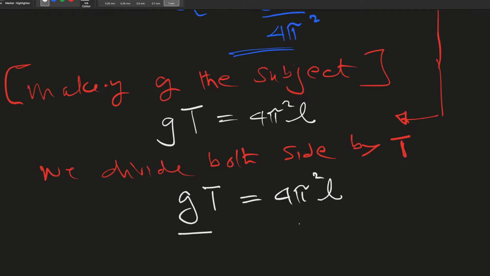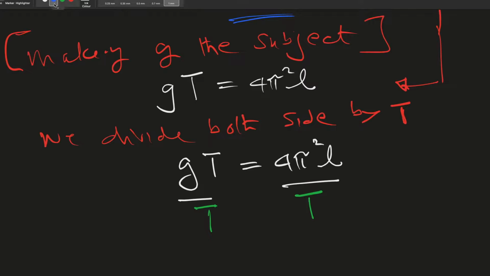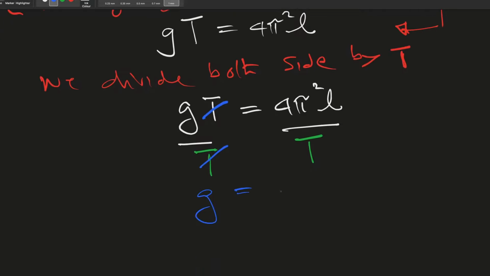We have to divide both sides by T. So divide here by T and here by T. Straight on, we will see that our T's will cancel each other, and our G will be equal to 4 pi squared L all over T.